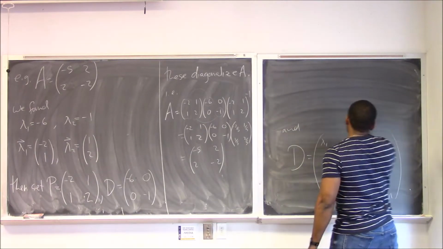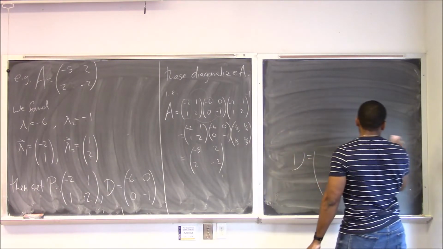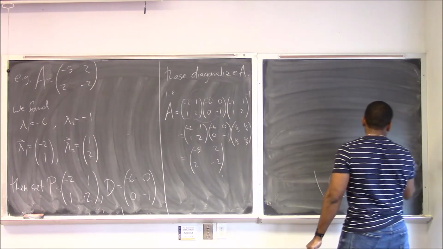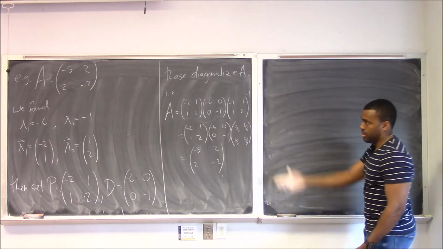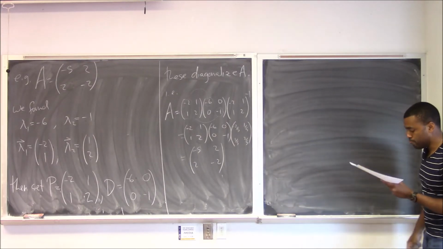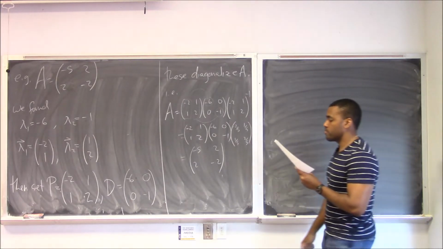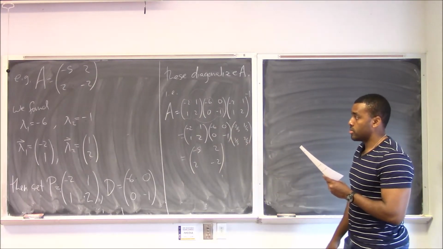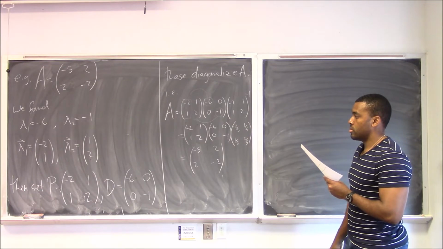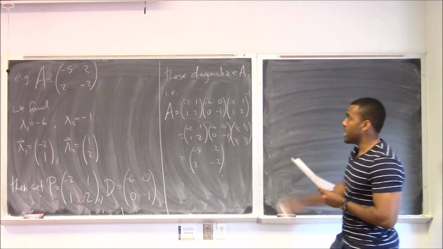So again, that's something you should be able to do. I can say something like, here's a matrix, find its eigenvalues and eigenvectors, and diagonalize A. And then this would be the additional step you take. When you say diagonalize A, you mean write it in this form?